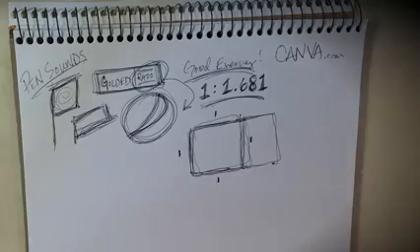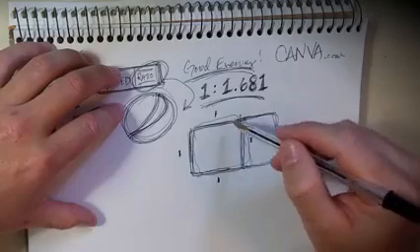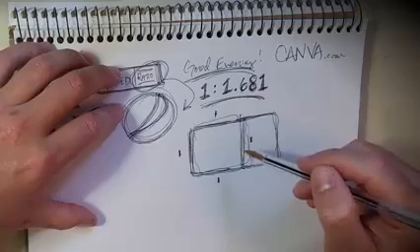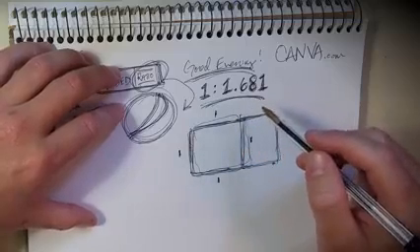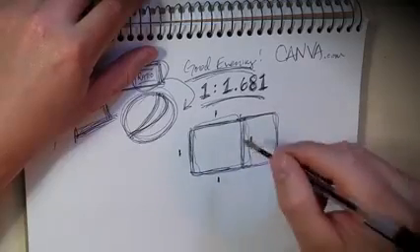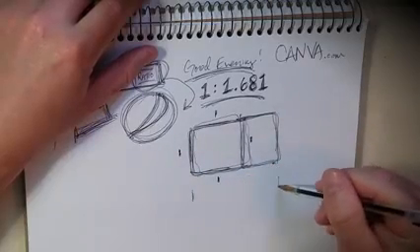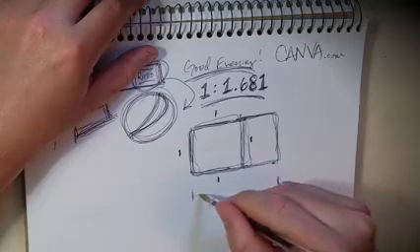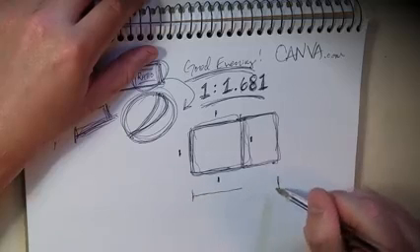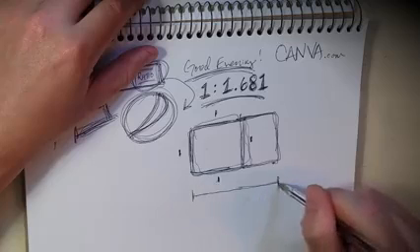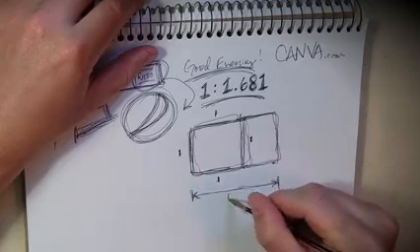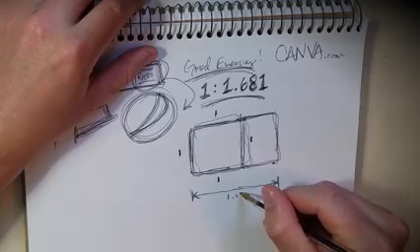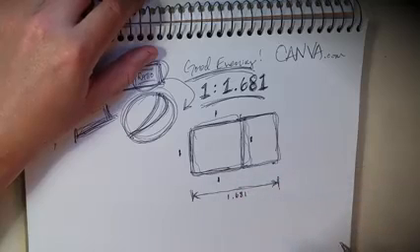Let me move the mic. We have a square with sides of 1 unit, and now we have a rectangle that we kind of superimposed on top, and its total length is 1.681.